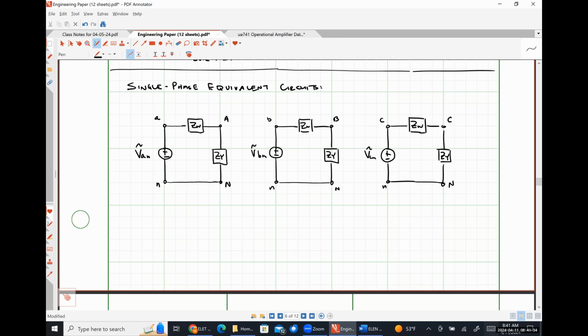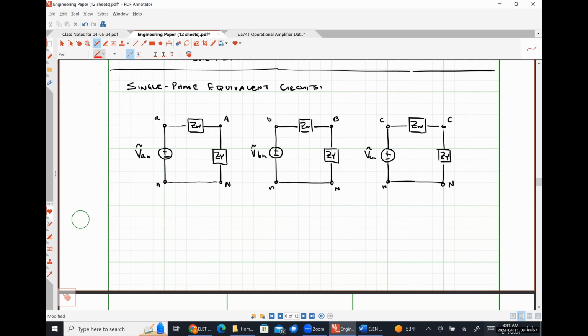Do these circuits look easy to analyze? I think so, because it's just a voltage source and two impedances, right? So we took our giant, ugly three-phase circuit and broke it down into three smaller, very easy to analyze circuits.